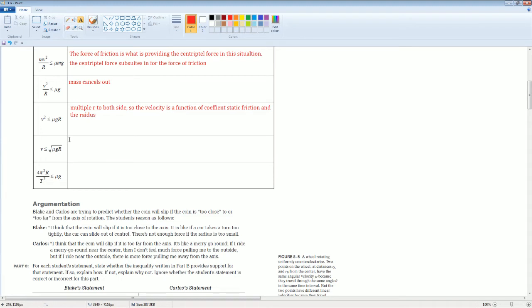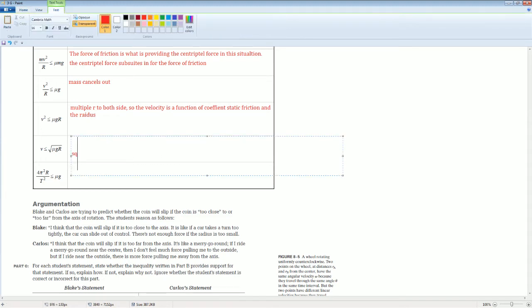All right. So here you want to square root both sides.